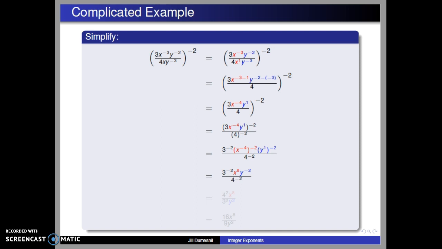Now, the negative exponents move factors from top to bottom or vice versa, producing 4 squared x to the 8th over 3 squared y squared. This reduces to 16x to the 8th over 9y squared.